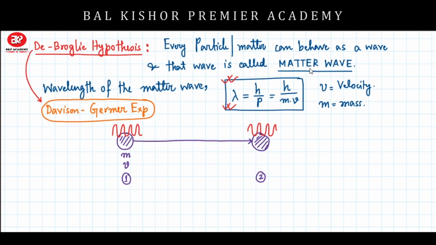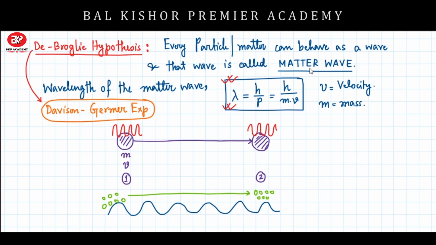Similarly, if there is a wave moving from some point to another point, then we can say that some particles are associated with this wave, and these particles are moving with the wave. So we can think of a wave as a particle or a stream of particles, and we can think of the matter or particle as a traveling wave.